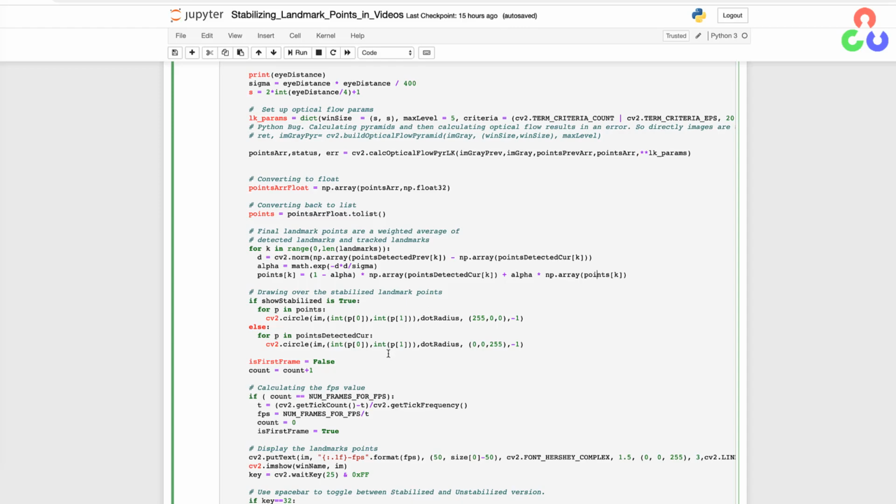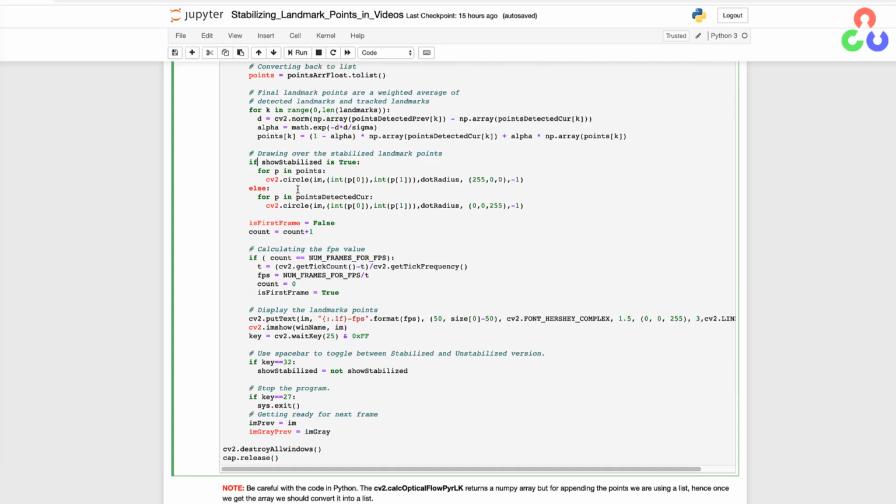Okay. So now we have stabilized points. Now we just need to display these stabilized points. And if we have turned on this variable, in that case, we display the stabilized points. If this variable is false, in that case, we display the detected points.